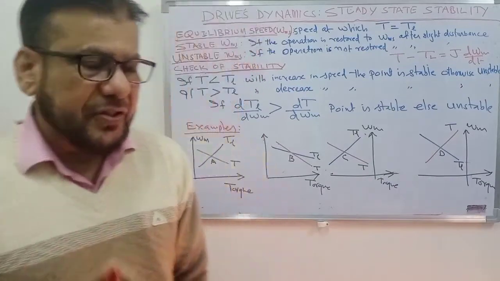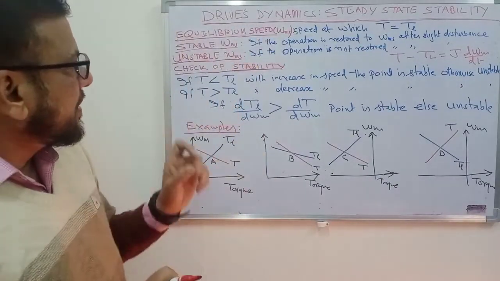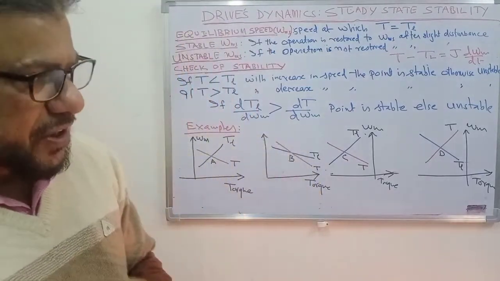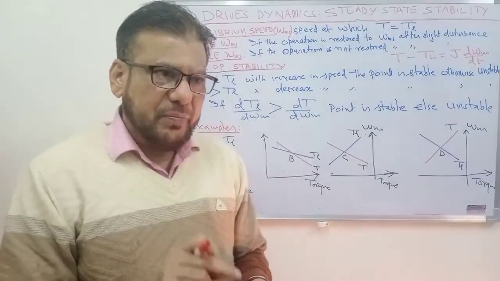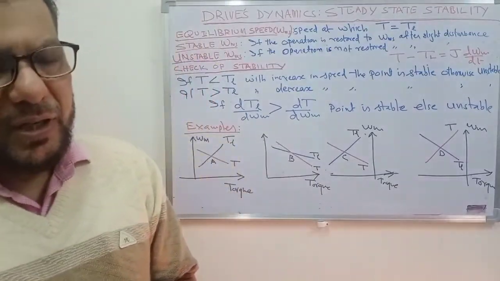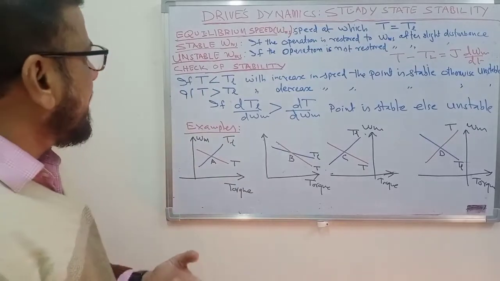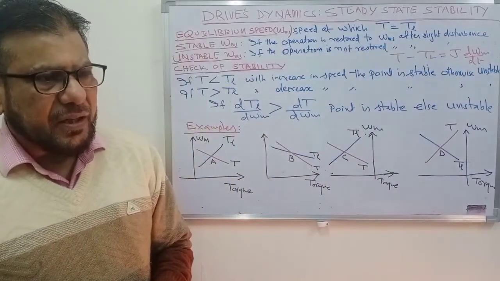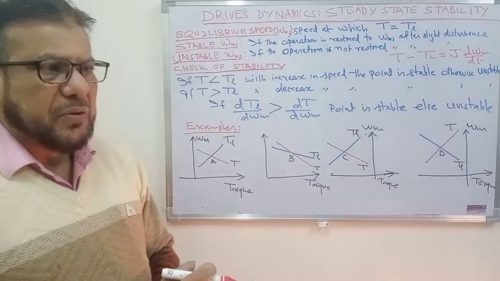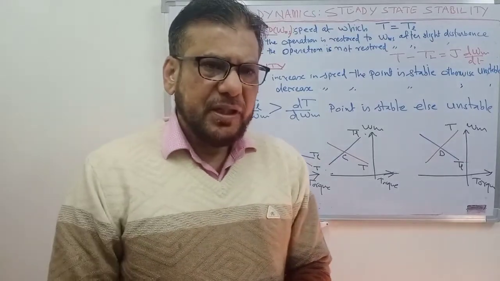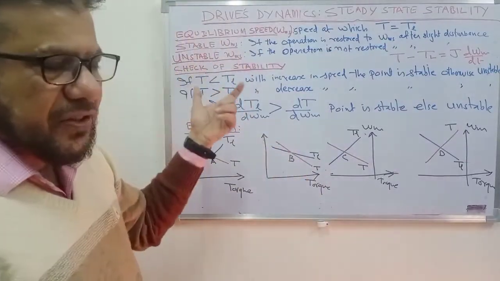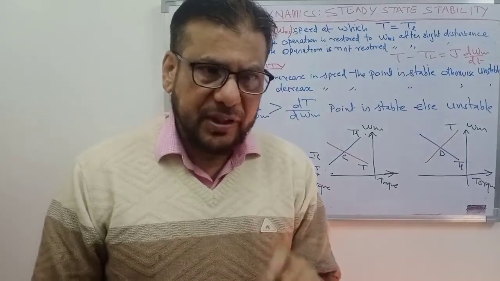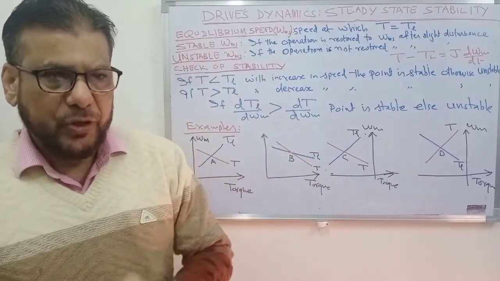this speed at which the motor is running may be a stable speed or it may be an unstable speed, or you can say that the operating point may be a stable operating point or it can be an unstable operating point. If the speed changes due to some reason, then if the speed is restored back to the original steady state speed, then we say that that speed is stable steady state speed, and that operating point is the stable operating point.